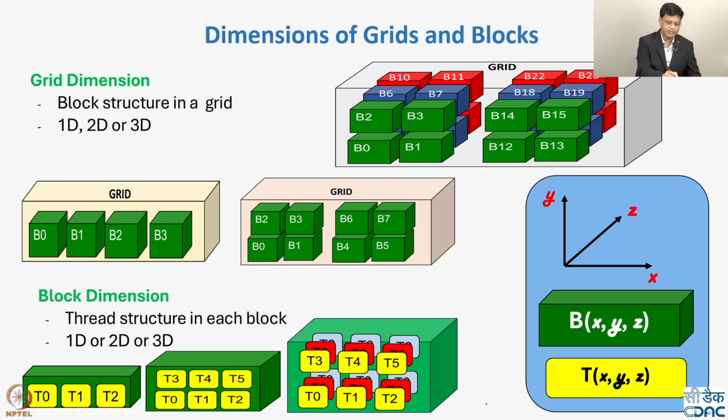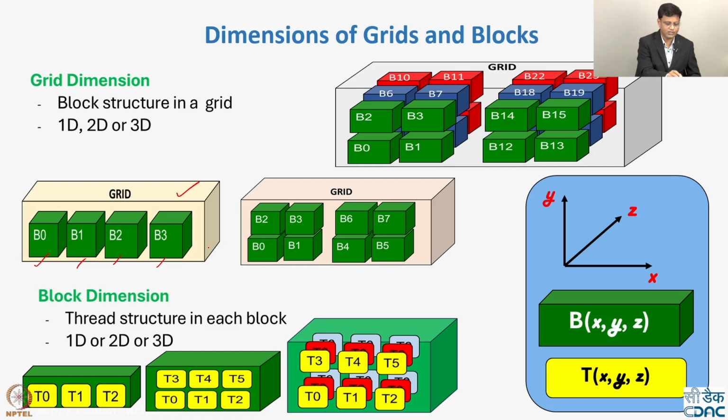So, let us see this figure first. You can see this yellow color box is representing the grid, and within that grid there are green color blocks, where I have mentioned the numbers B0, B1, B2 and B3. These are the arrangement of blocks.